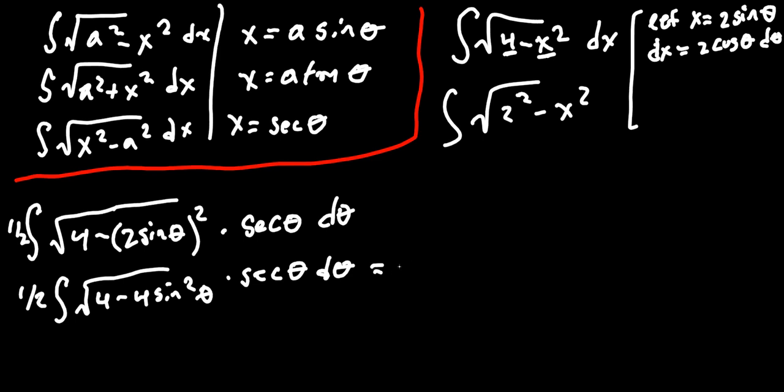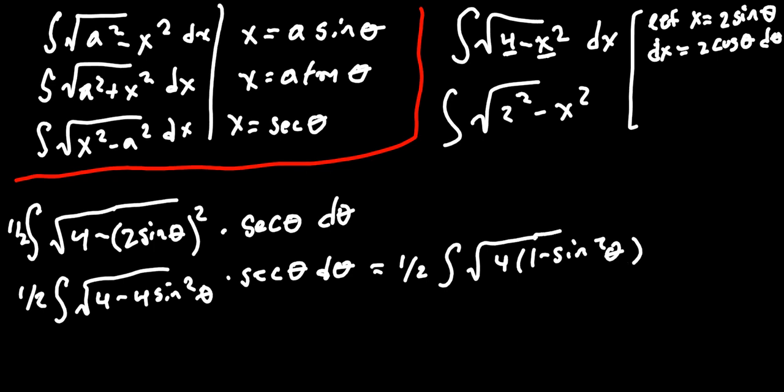So we get 1/2 integral of square root of 4 times 1 minus sine squared theta, and then times secant theta d theta. Okay, so now we're having terms multiplied. If you remember from your trig identities, this is cosine squared theta.